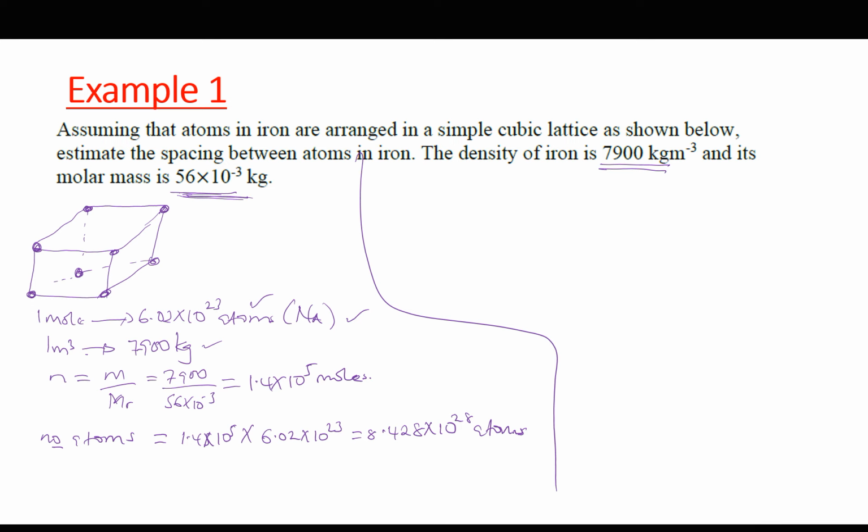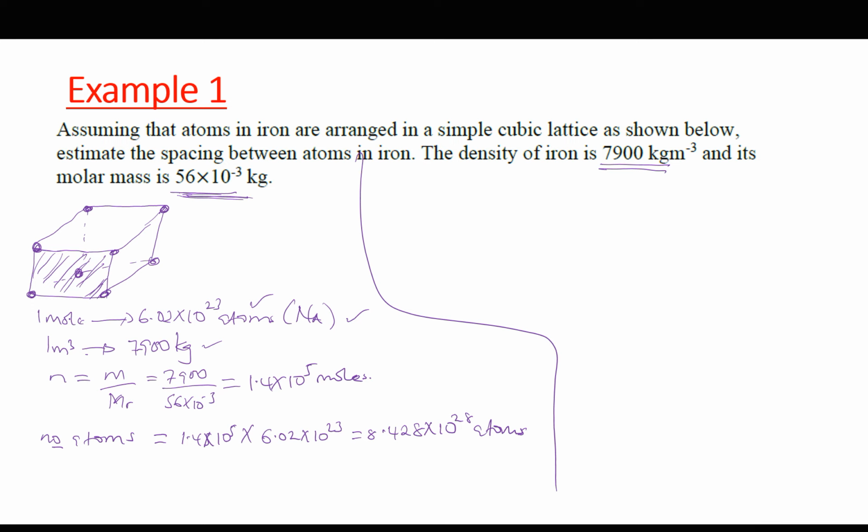So if I make an assumption that these atoms are arranged in a regular cubic lattice as mentioned, let's think of these atoms being arranged just on one side of a 1 meter cube.